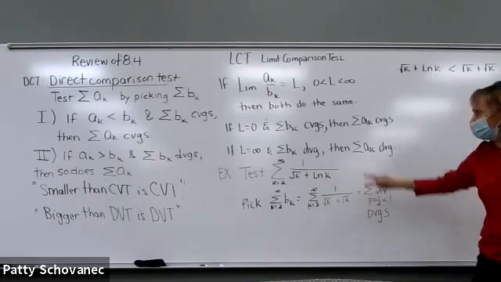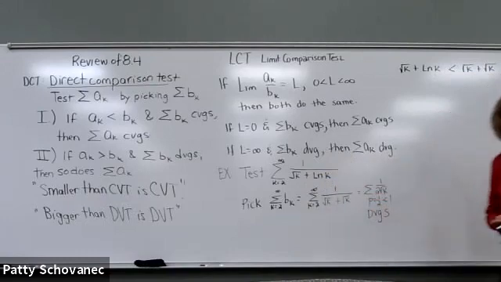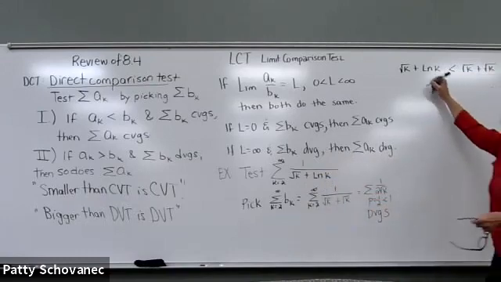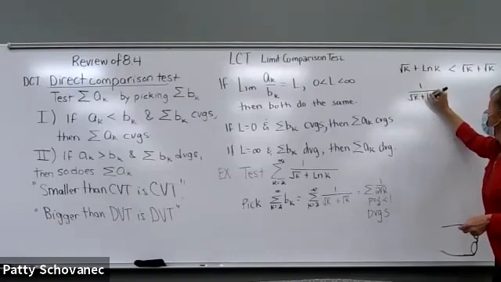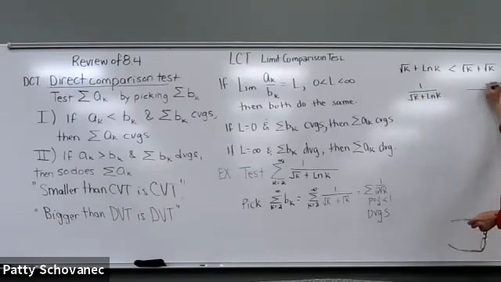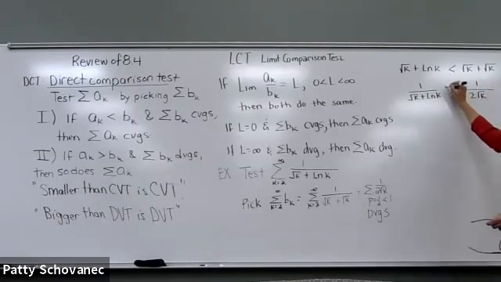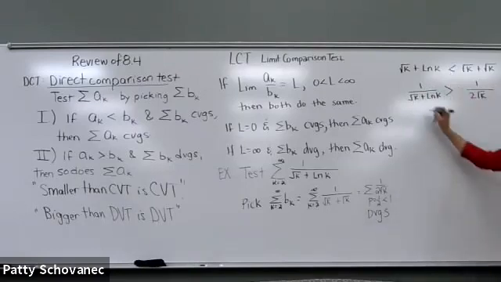Well, I'm not worried about the denominators. I want to know the size of the entire fraction. So now I'm going to flip both of these. And that flips the inequality. So here's my AK term is bigger than my BK term. So my series I'm testing is bigger than the divergent series.